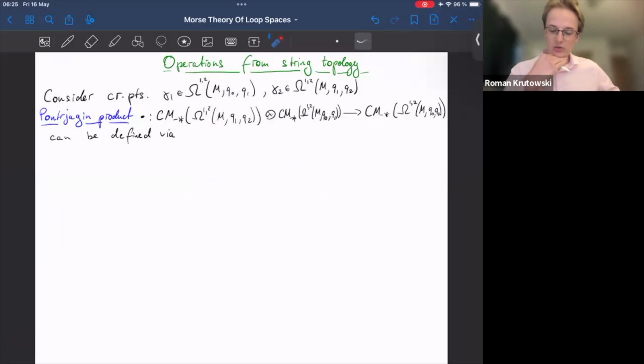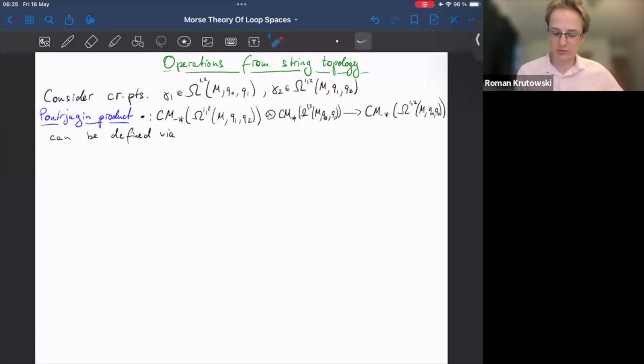So here is how one can introduce string topology operations using pseudo-gradients. Say we want, for starters, to introduce the Pontryagin product.